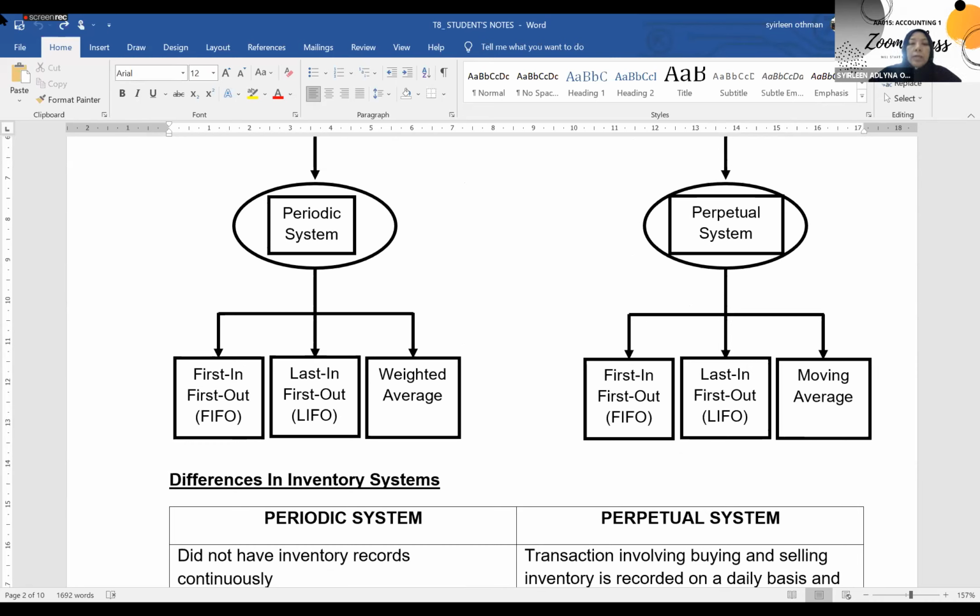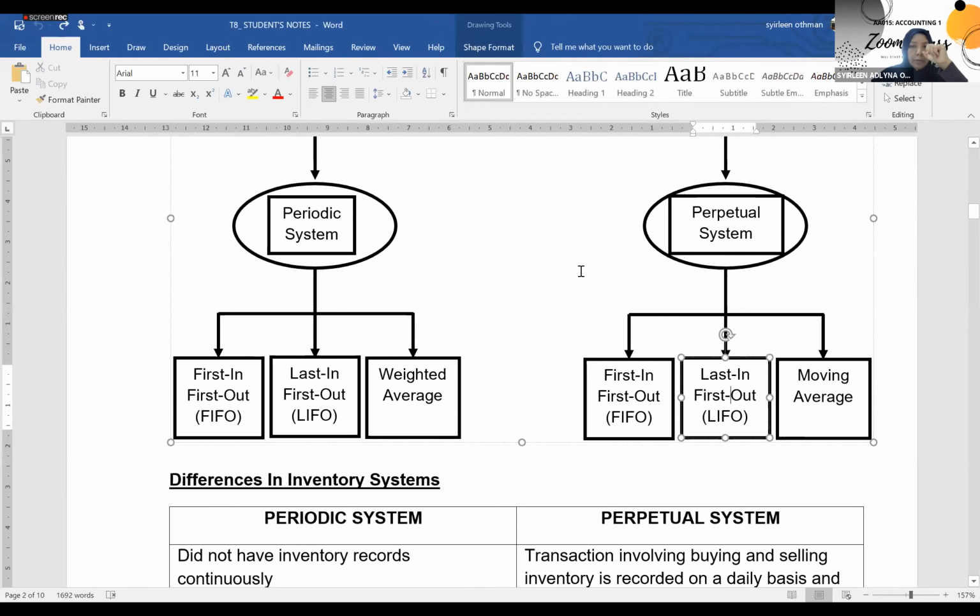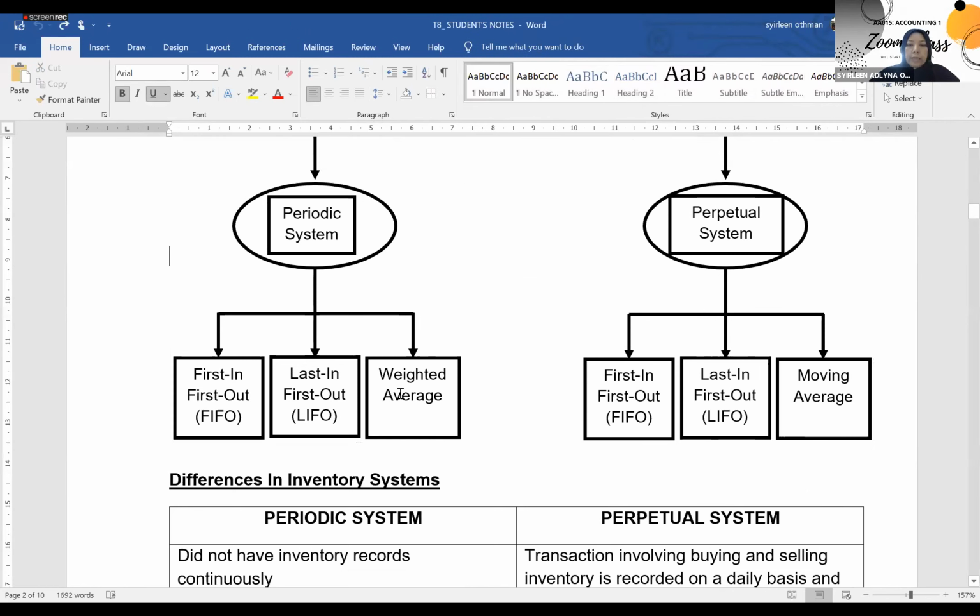So kalau periodic, you're gonna have FIFO and LIFO. Perpetual pun sama you ada juga FIFO and LIFO. Beza dia cuma di average method saja. Kalau periodic system, we are going to have weighted average. Tapi kalau perpetual system, we are going to have moving average.